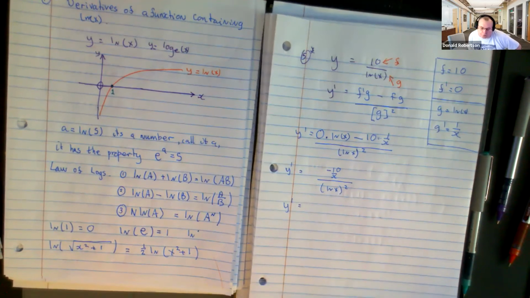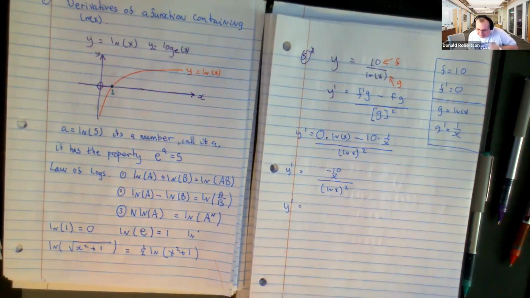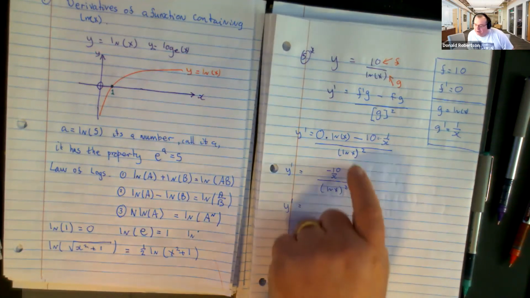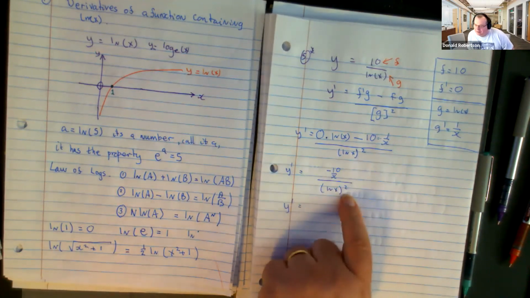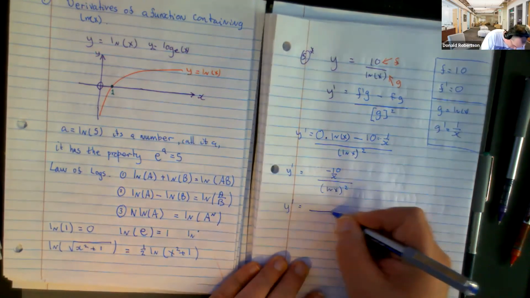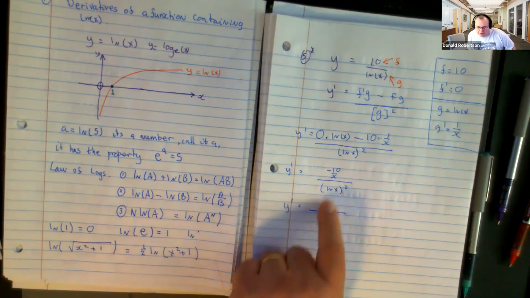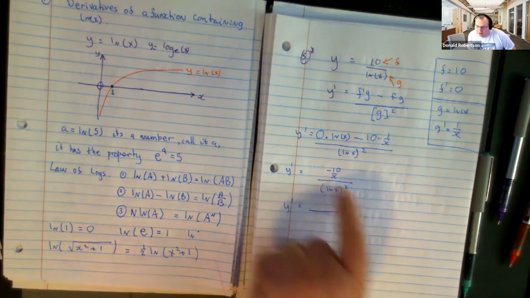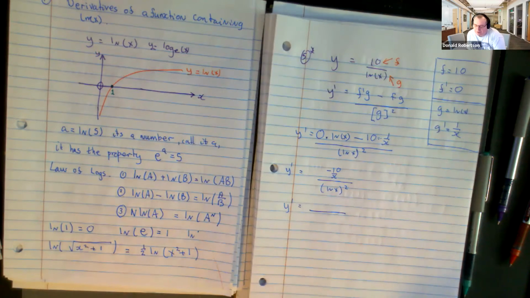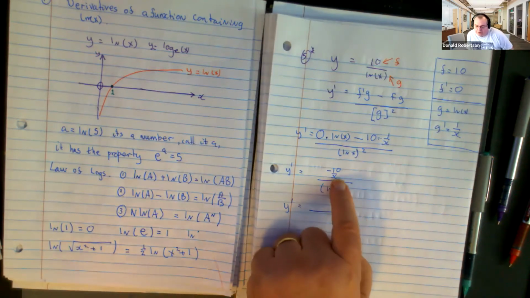Sometimes there's not an awful lot you can do, but would you agree it's probably not a good idea to have a fraction with a fraction in it? Does anyone know how to rewrite this so it's equivalent to that, but it doesn't have this negative 10 over x on the top? It's not too hard to do.